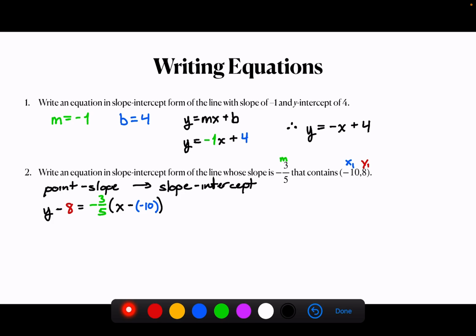Well, this is in point-slope form, but we need to write this in slope-intercept form. So what we need to do is we need to solve for y. We need to do some manipulation.